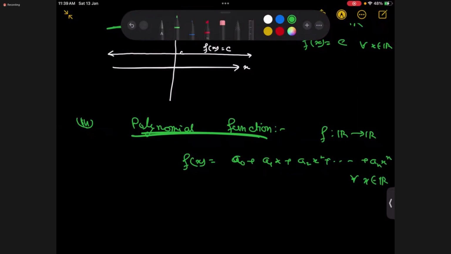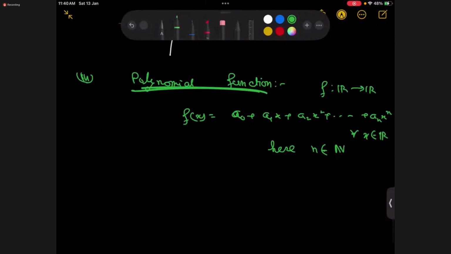We have to choose these first, and according to our choice, we will get a polynomial function of x of this form. Observe that n must be a natural number, a positive integer. Positive integer is nothing but natural number. So here n is a natural number.